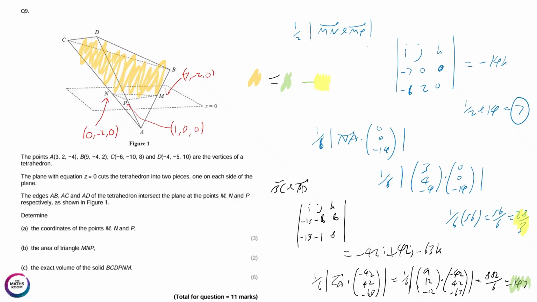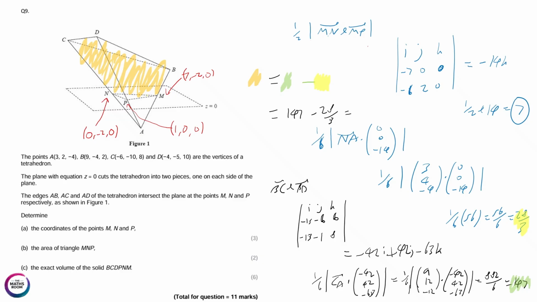That should be my answer. So let's change to normal pen. So it should be 147. Yeah, 882 divided by 6 is 147. 147 minus 28 over 3.